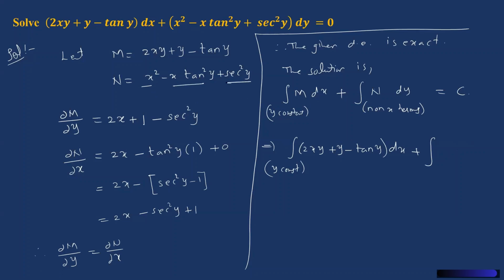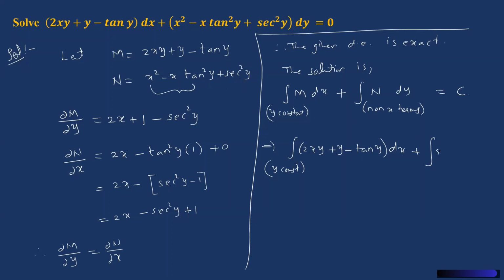Out of these 3 terms, in the first 2 terms you can see an x. In fact, the first term is completely x square, so it is not a non-x term. And in the second there is also an x multiplied by this. So we ignore the first 2 terms and consider only the last term, secant square y, which is exclusively a function of y only.